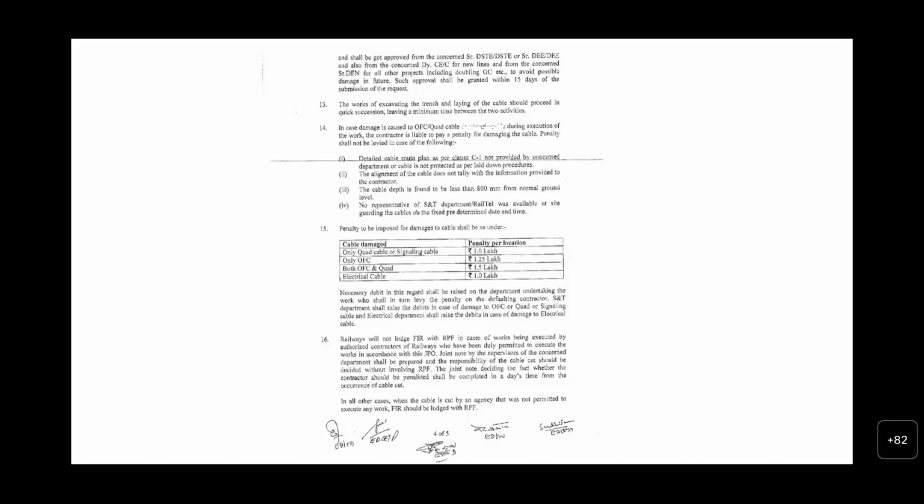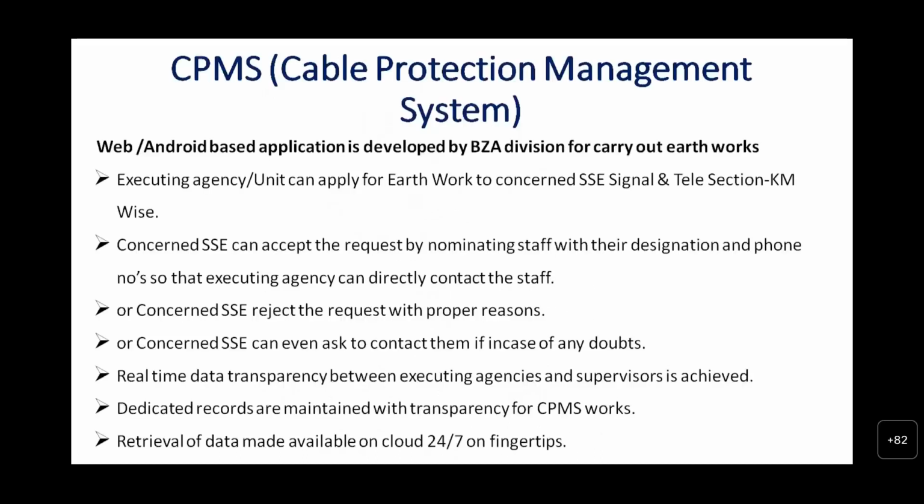So these are all the most important points of the JPO, which all of us have to adhere to. Another most important thing is that recently, a CPMS application is being developed by the Vijayawada division, that is Cable Protection Management System.